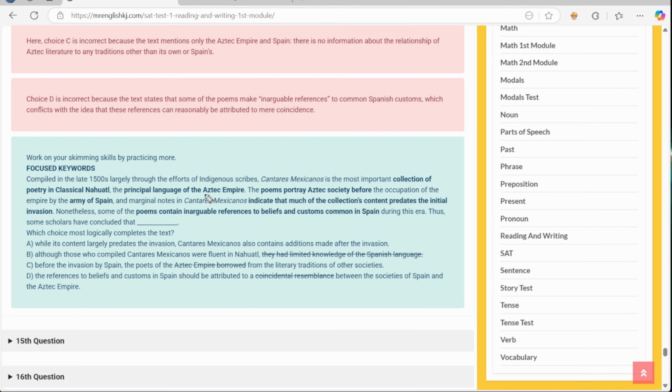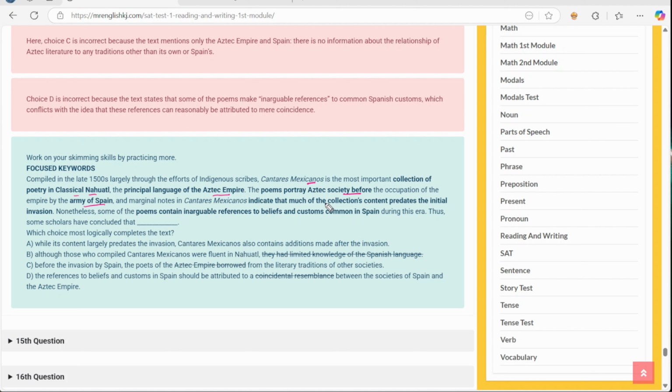Okay. Keywords are given here again. Totally, here we are talking about the Mexicanos, who had their own poetry, classical Nahuatl, which was their principal language in the Aztec Empire. These poems were the poetry of their society before the occupation of the empire by the army of Spain, meaning to say after the invasion of Spain.